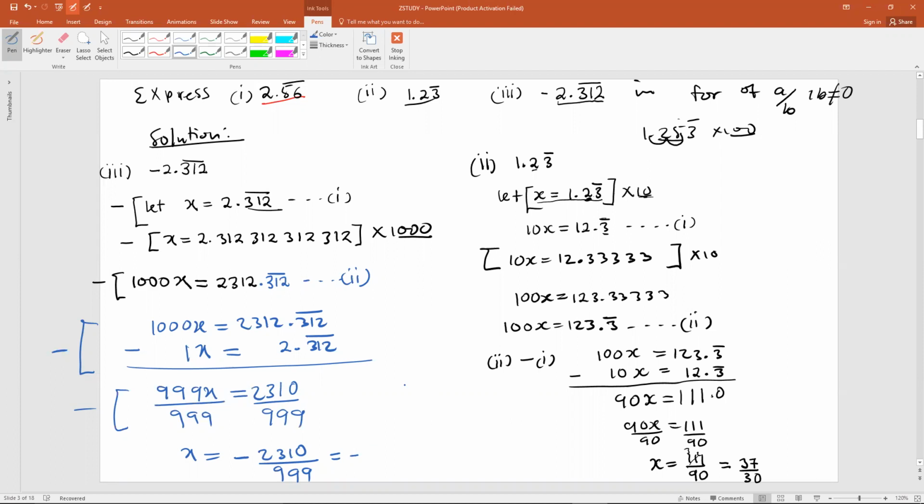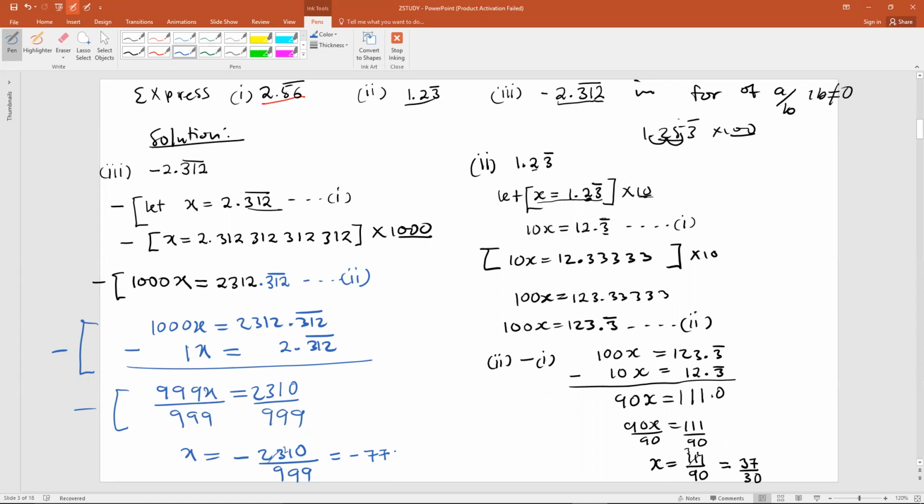Let's do some mathematics. 3 in 23 goes 7 times, leaving a remainder of 2. In 21, it's another 7.